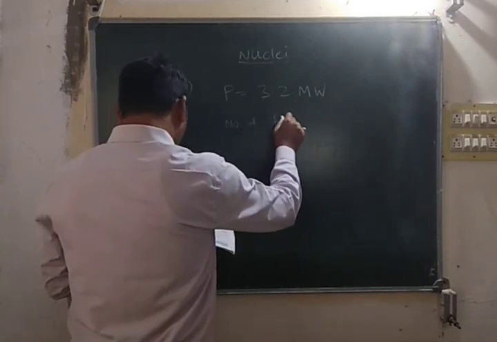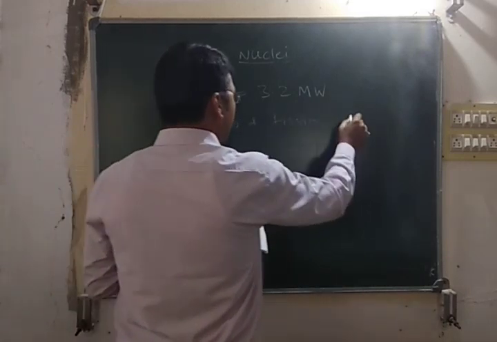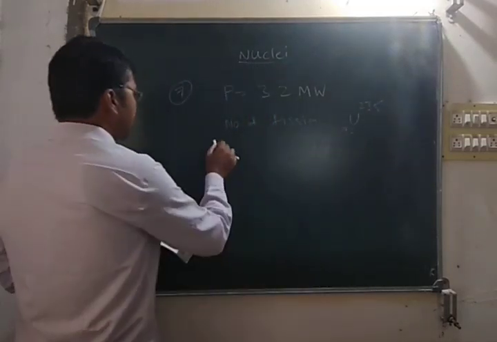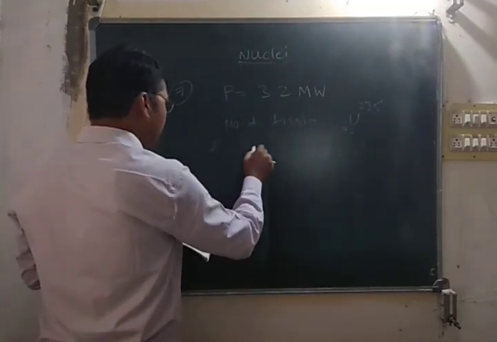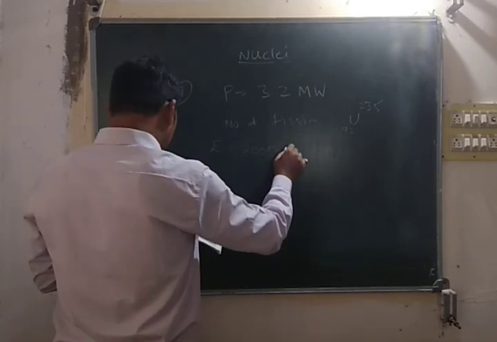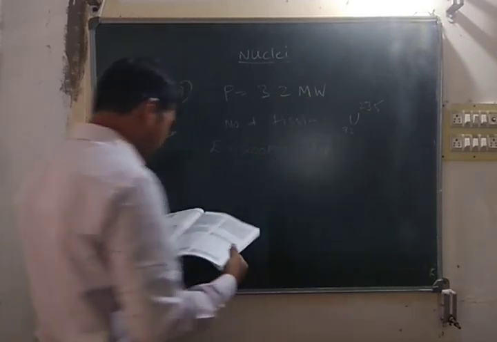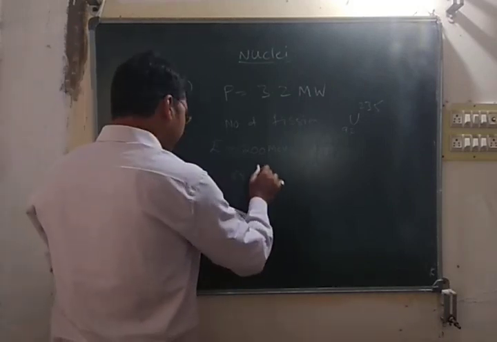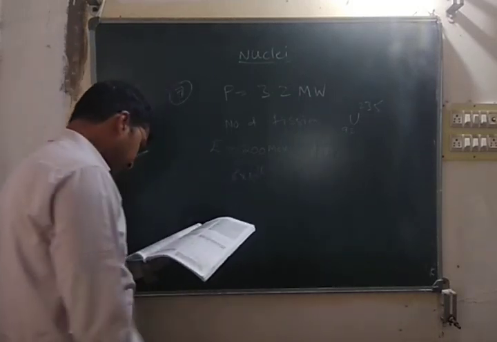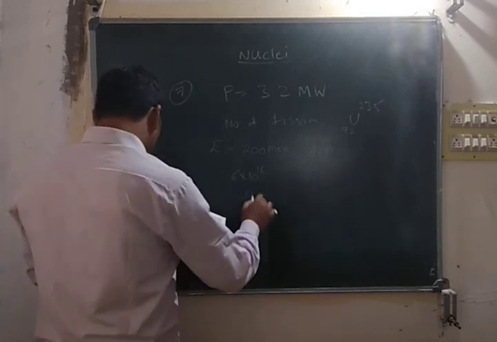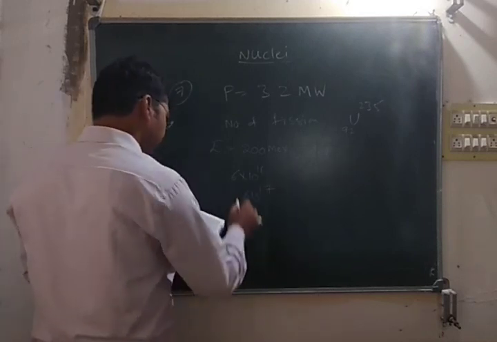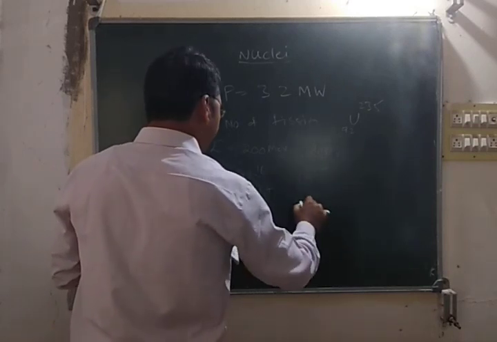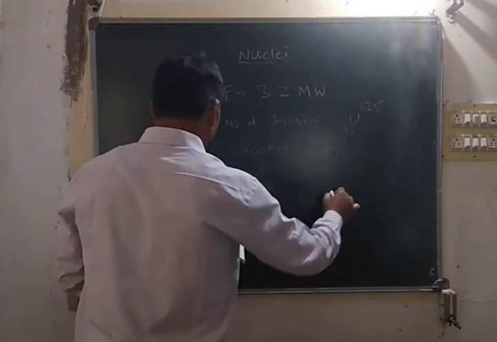The energy released for each fission is given as 200 mega electron volts. 1 electron volt is equal to what? Options are given as 6 into 10 to the power of 18 joules, 6 into 10 to the power of 17 joules, 10 to the power of 17 joules, and 6 into 10 to the power of 16 joules.